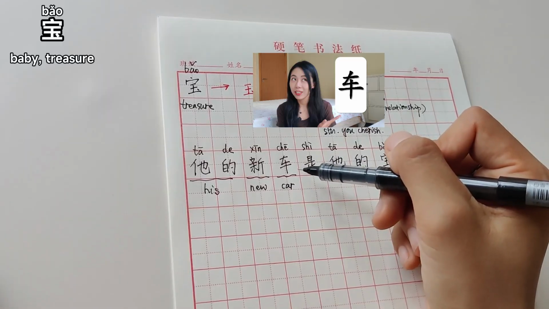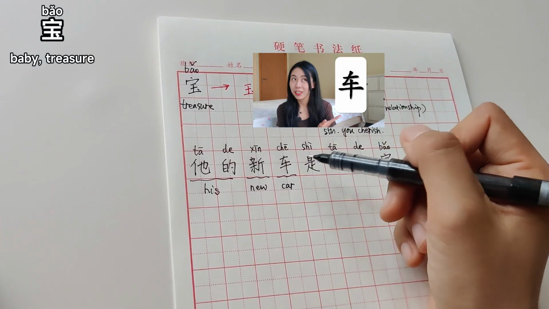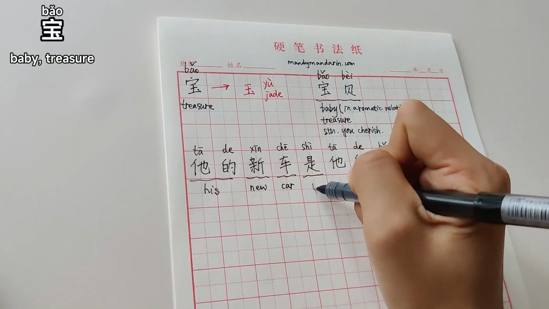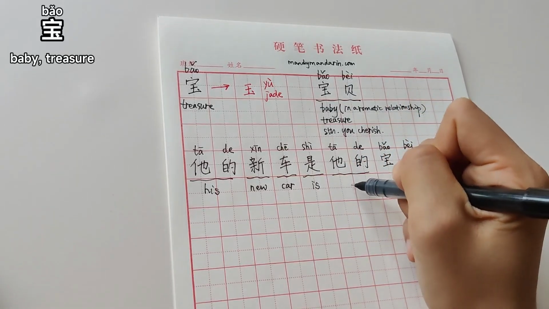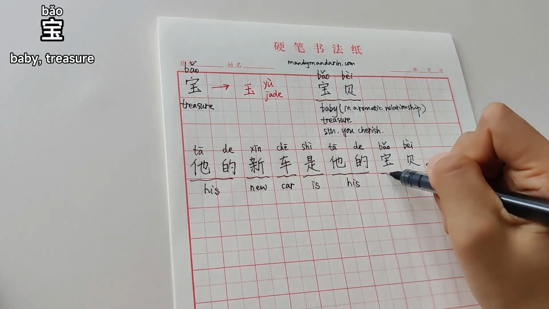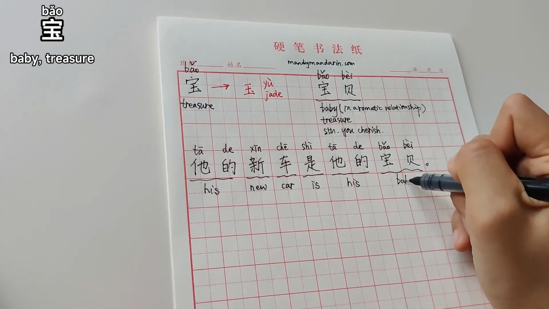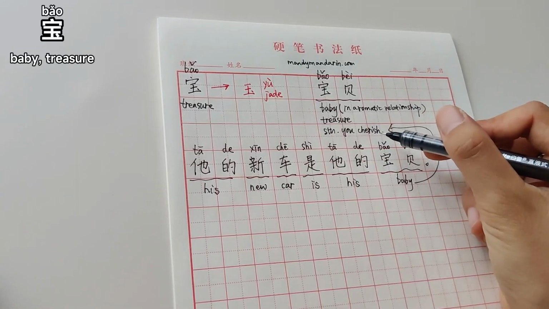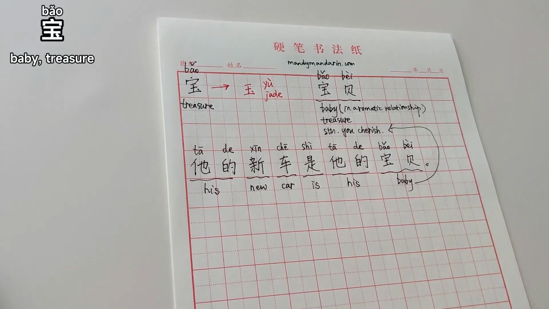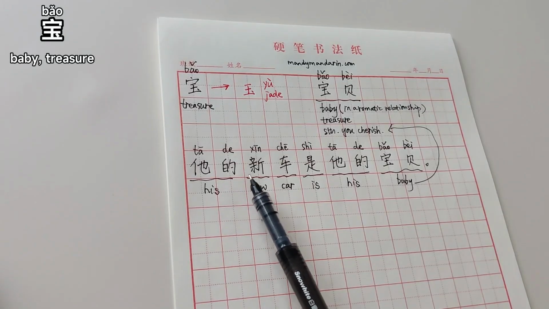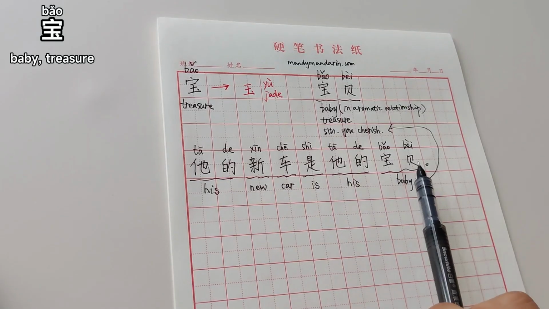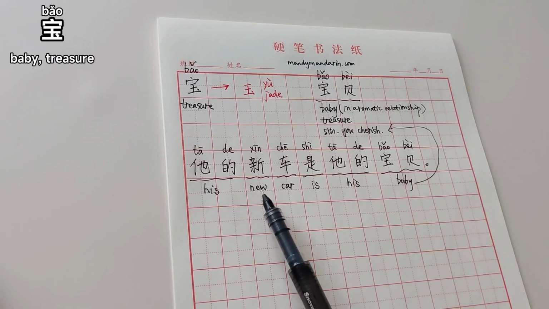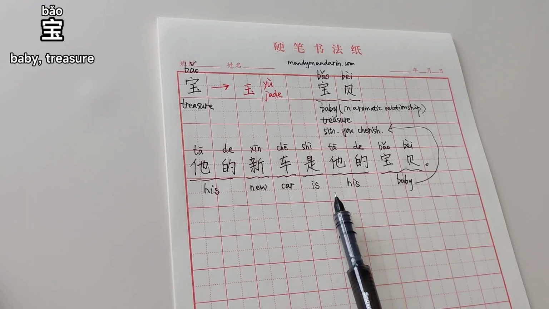We talked a lot about the car radical already. And 是 is, 他的 his, 宝贝 baby. And here it refers to something that somebody cherishes. Okay? So together, 他的新车是他的宝贝. Literally, it means his new car is his baby. Which means his new car, he cherishes a lot.